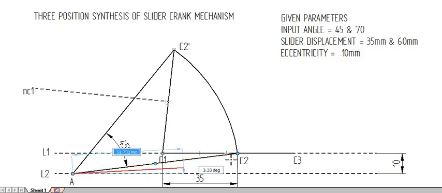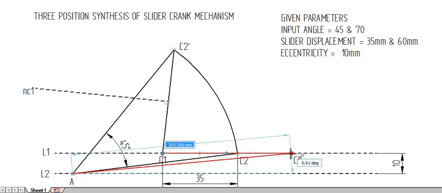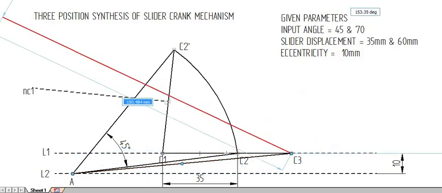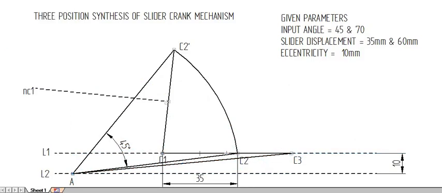Now join A and C3. I am drawing an arc at an angle of 70 degree with center as A and radius as AC3.